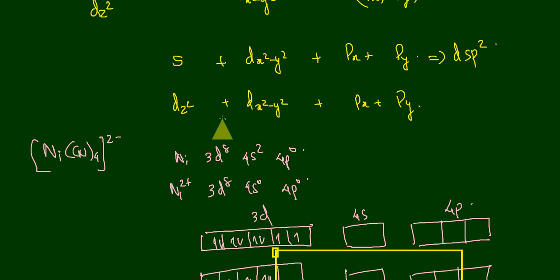And here you can see that if the s orbital is replaced by dz square, it is possible by symmetry. But whichever is more energetically feasible, that will be formed. But symmetry-wise, this is possible. So this corresponds to a d2p2 type of hybridization, but that is going to be very, very rare.